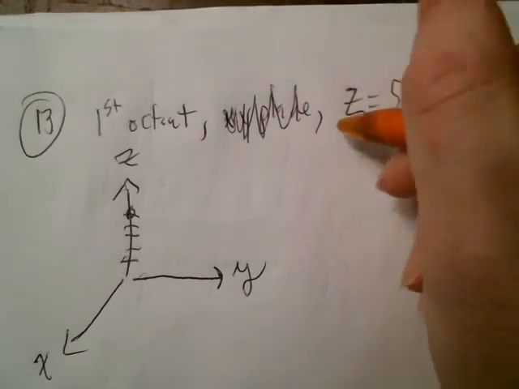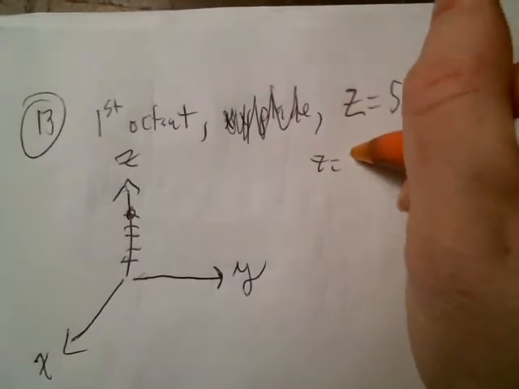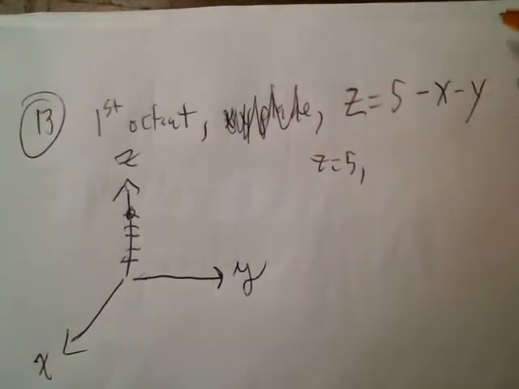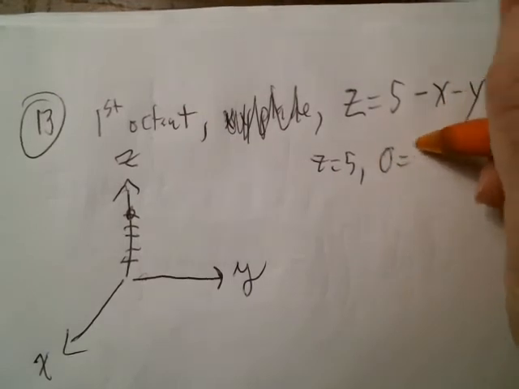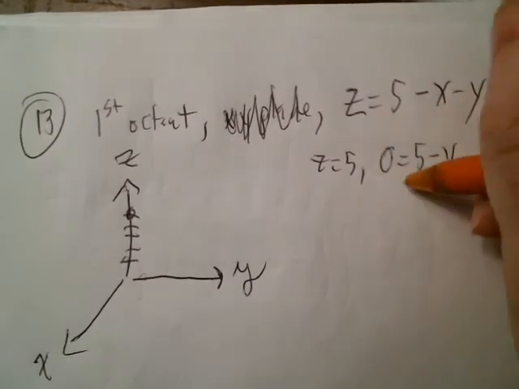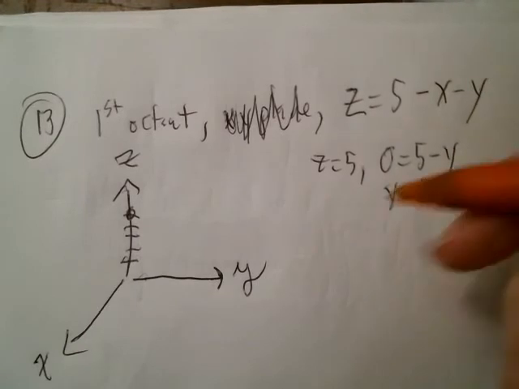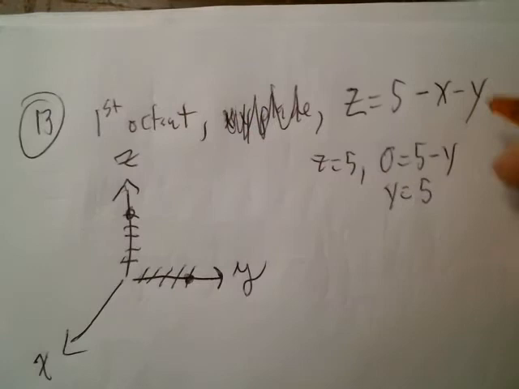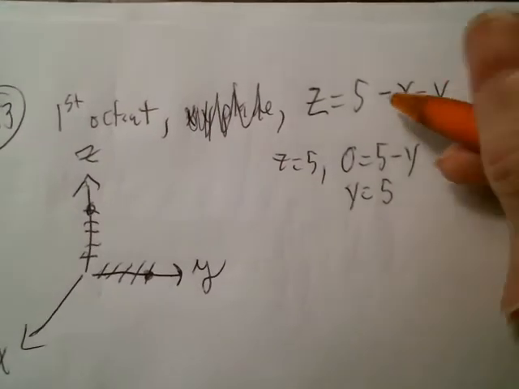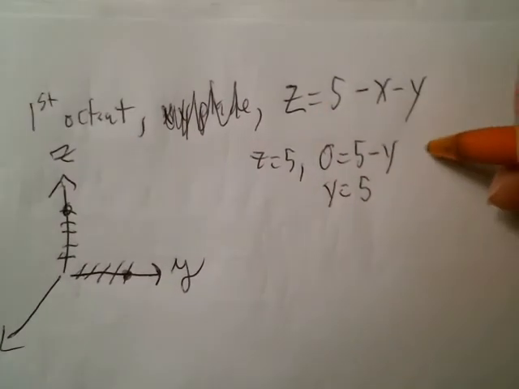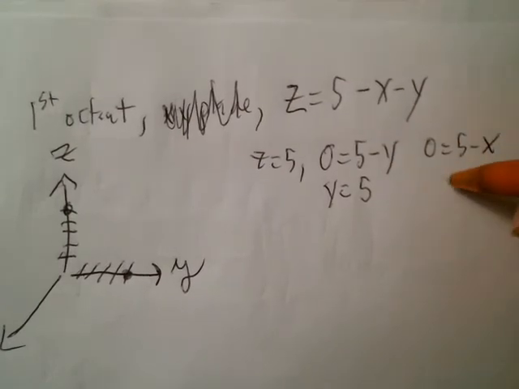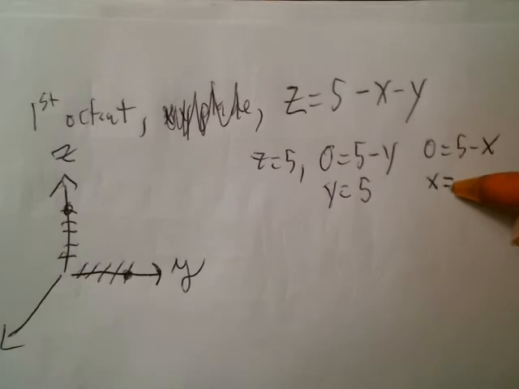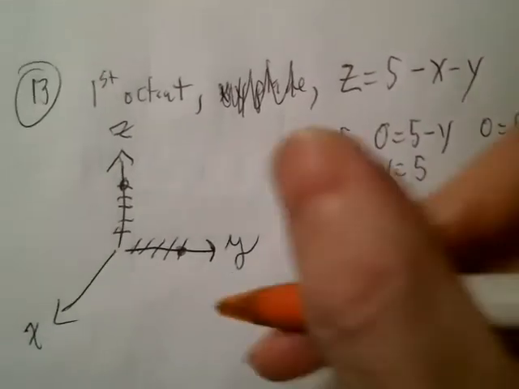Let x and z be 0, and you get y is 5. Okay. And then let y and z be 0, and solve that, and you get the x-axis intercept. So x is 5.